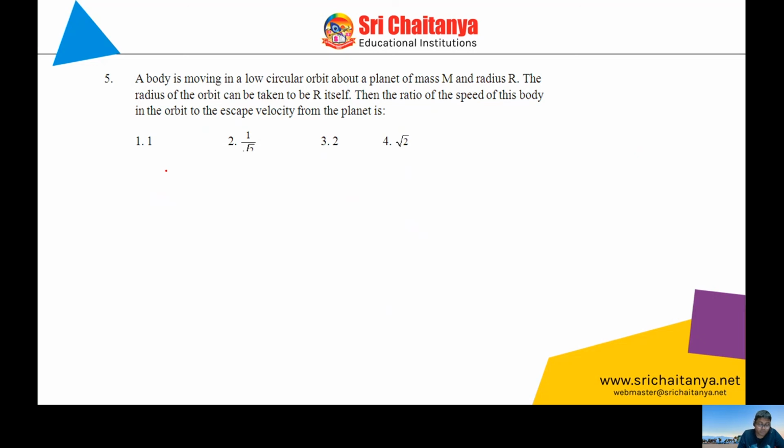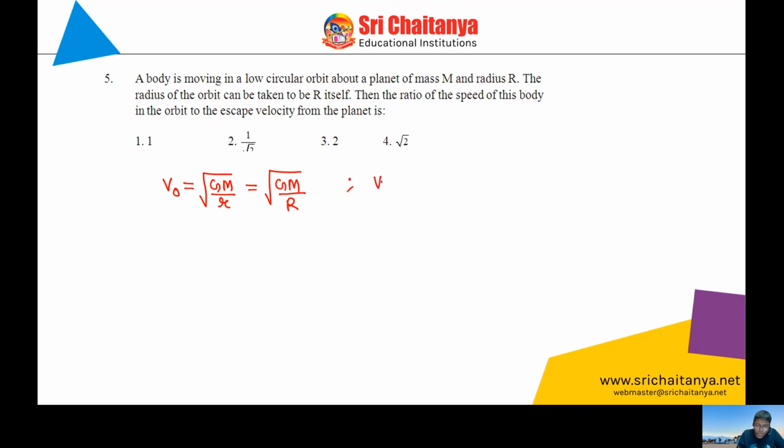So we need to know about two things. What is the orbital velocity in a circular path? The expression for this is root under gm by r, where r is the radius of the circular orbit, which in this situation has been given as capital R only, which is the same as the radius of the given planet. So this is V naught.